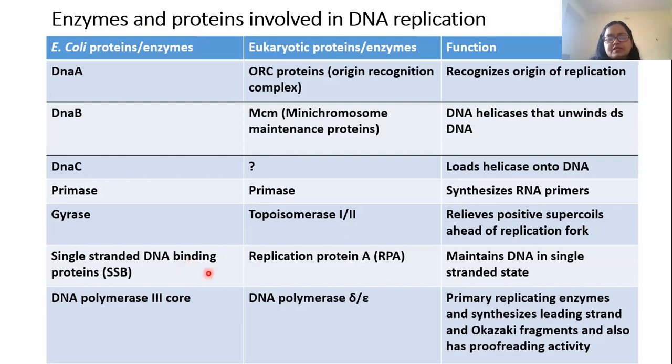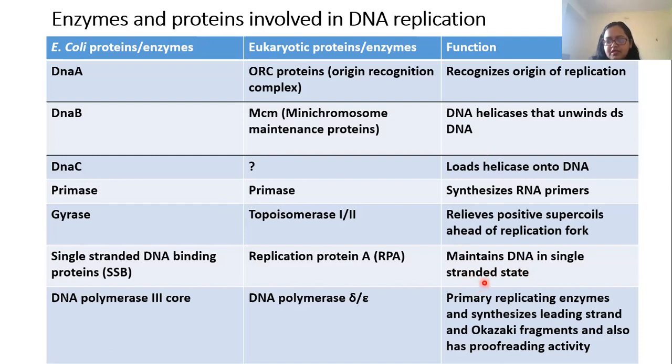Then single-stranded DNA binding protein in case of E. coli is called replication protein A or RPA in case of eukaryotes. Its function is to maintain DNA in single-stranded state. So in order to replicate both the parental strands of DNA, the two strands must be separated with the help of helicase.